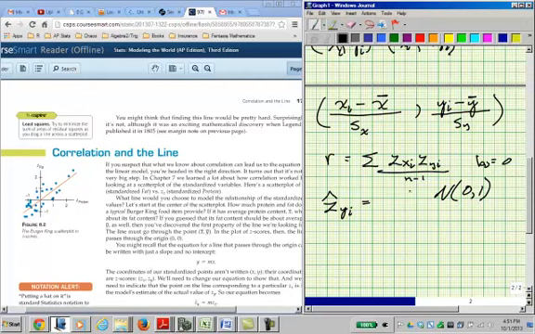So the z-scores for the x coordinates have a normal distribution of 0, 1. 0 mean, 1 standard deviation. And the z-scores for the y-coordinates have a normal distribution of 0, 1. So the two means make an ordered pair, 0, 0, right here. Okay, that is the z-scores.